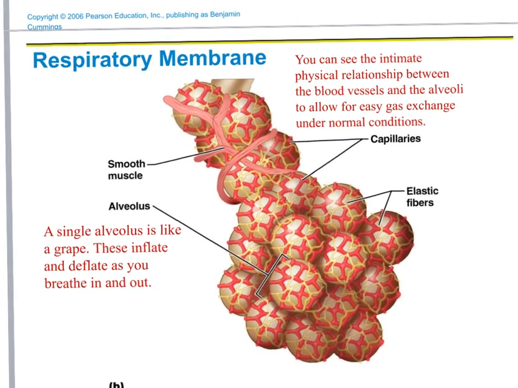This picture gives you a good idea of the alveoli and how closely they're tied to the blood. So we're zoomed in here really on a cluster of alveoli. The blood vessels surround and encapsulate the alveoli almost like a netting. So as each alveolus receives oxygen and inflates, that oxygen is quickly transferred to the blood vessel.